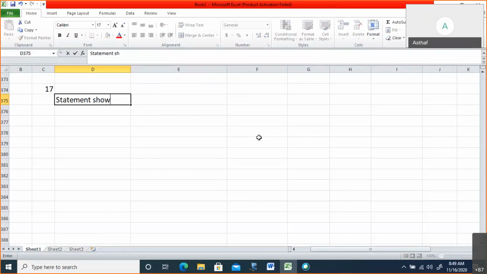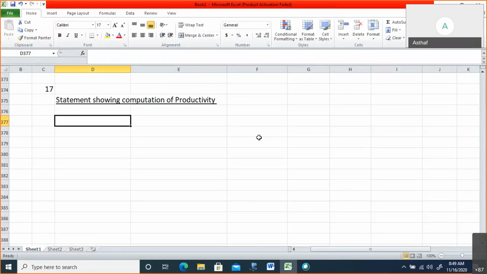Statement showing computation of productivity.